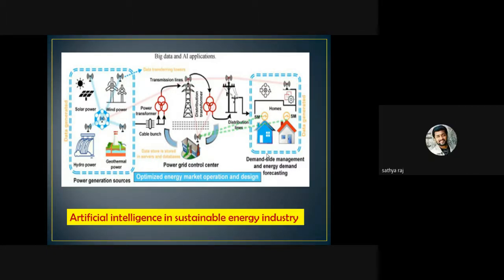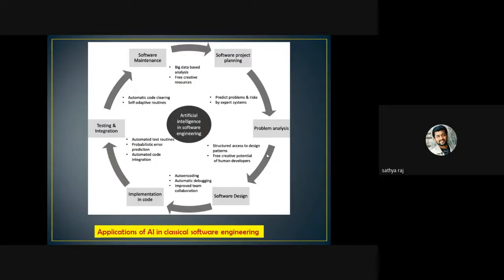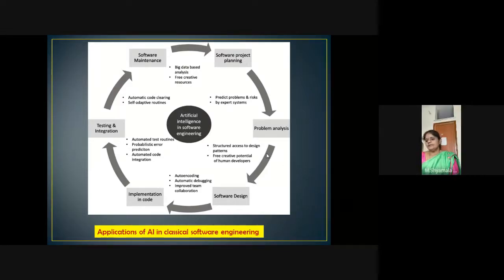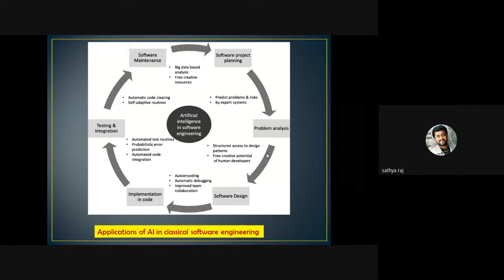at our customers' level. So the next one is the application of AI in classical software engineering. In classical software engineering, we start with software project planning, problem analysis, software design, implementation of code, testing and integration, and software maintenance.